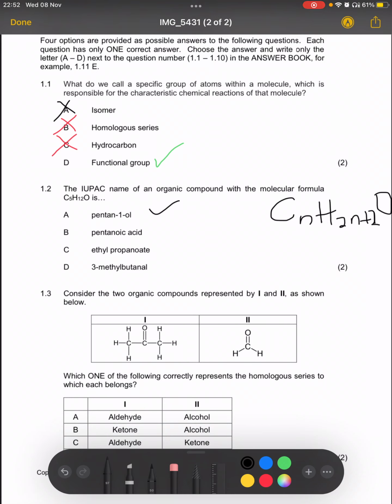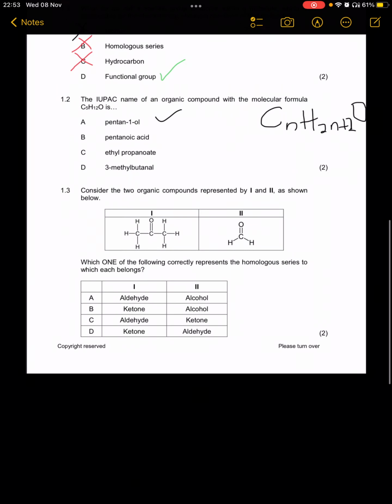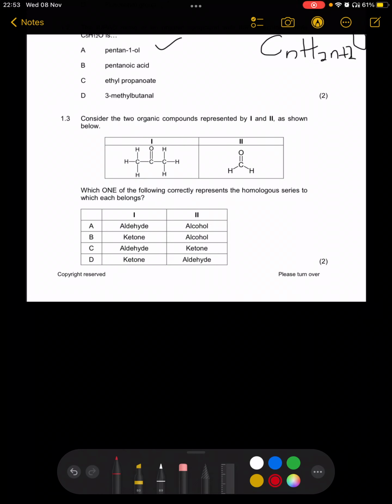Forgot to change that black. Now, for one to say this is pentanoic acid, let's try and see. Maybe drawing A, B, C and D easily would show us the difference here. So we have pentan-1-ol, which is what?